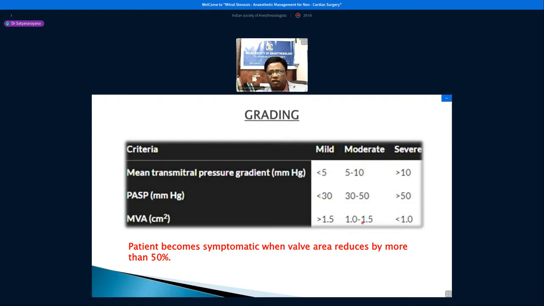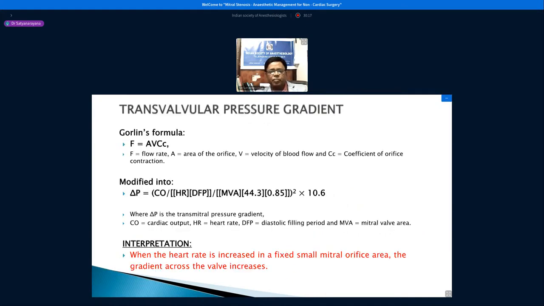At this moderate level, if the patient is exposed to any kind of stress or increased heart rate, there is an enormous increase in the pressure gradient. So this is a more important factor to remember. Even when the valvular area is moderate, the pressure gradient rises, so maintaining the heart rate is very crucial in these patients. This is a well-known grading based on the transvalvular pressure gradient.